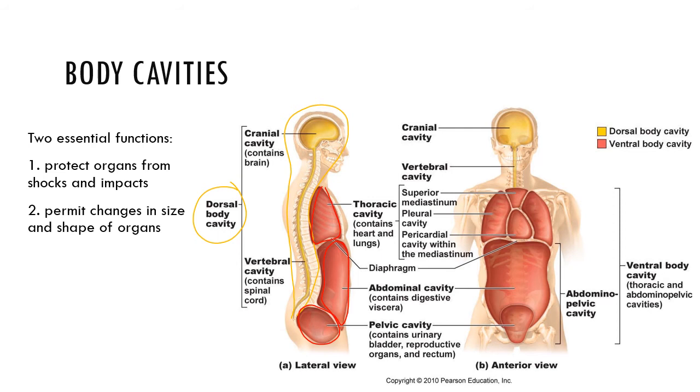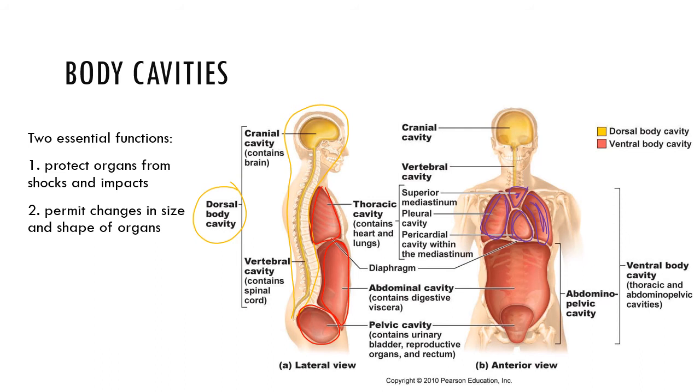The thoracic cavity can actually be broken up into even more cavities, where we have the superior mediastinal. I'm just going to do that in purple. That's right there. We have our pleural cavity, where we find our lungs, and we have a pericardial cavity. That's where we find our heart. So here's the pericardial. These are the pleural for the lungs, and there's the mediastinum, where we usually find our thymus as well.